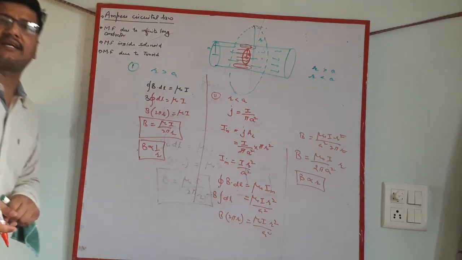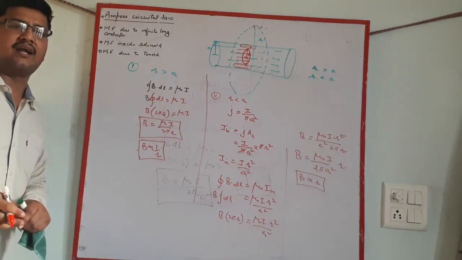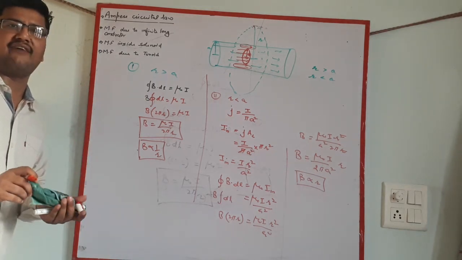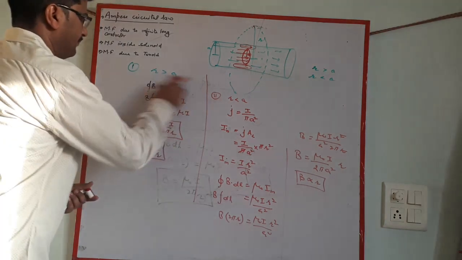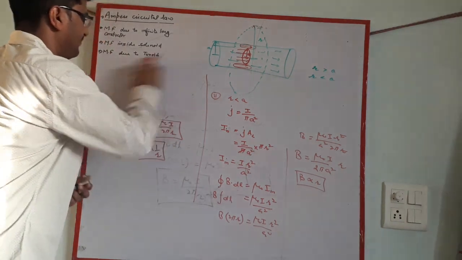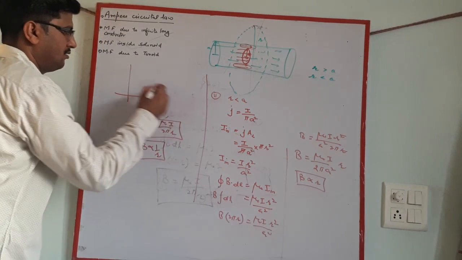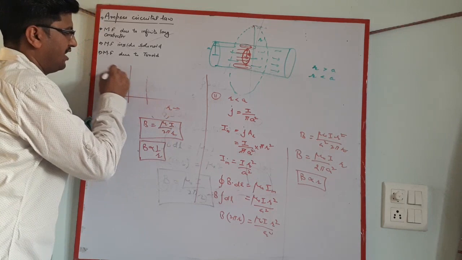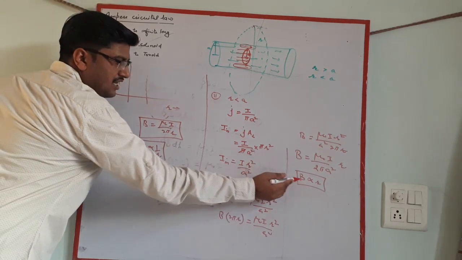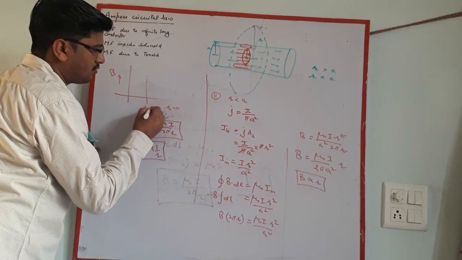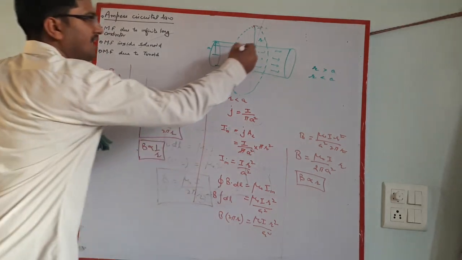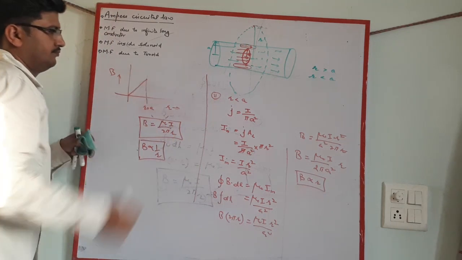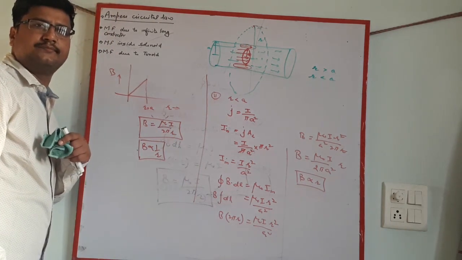So inside the conductor, B is directly proportional to r. Outside the conductor, B is inversely proportional to r. If I have to plot the graph for B versus r, r this side, magnetic field this side, till r equal to a, B is directly proportional to r.